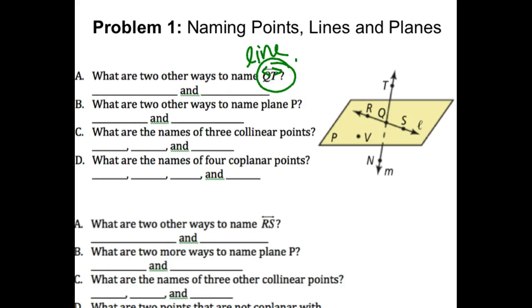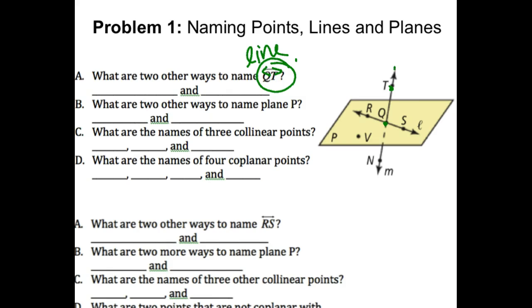So let's first find those. So we find Q and T. They're right there. The question asks us to find 2 other ways to name line QT. Well, if you look up on the page, we have 2 ways to name a line by using 2 uppercase letters that are on the line and are points, or by a lowercase letter that is with that line. So if we look, let's check, are there any other points on that line?